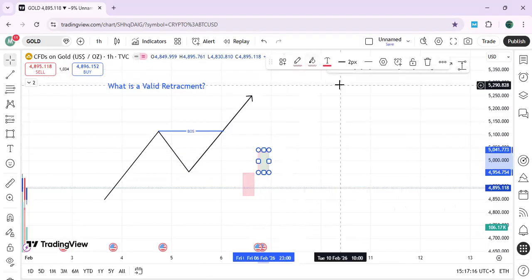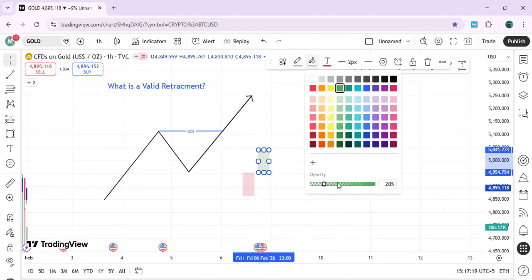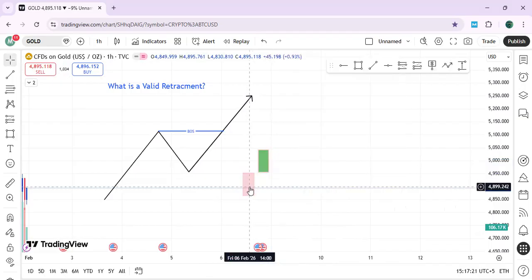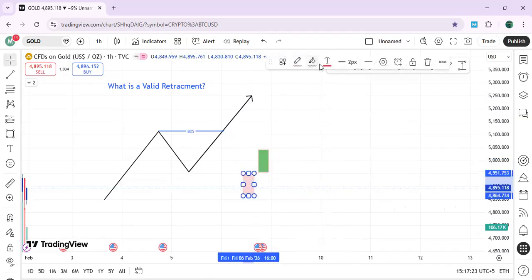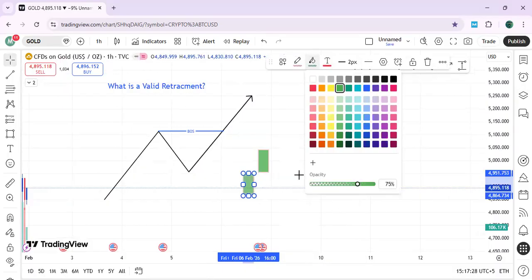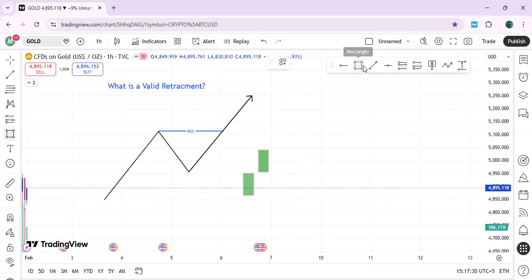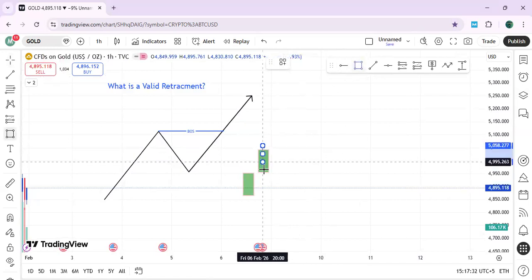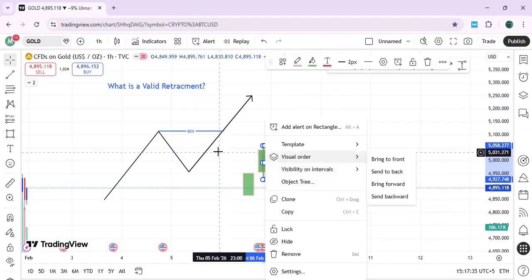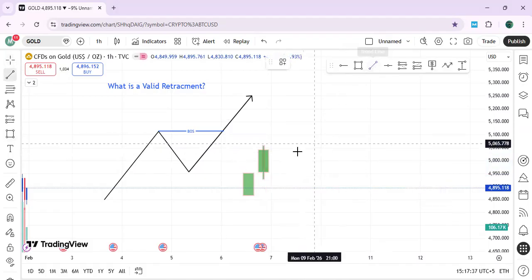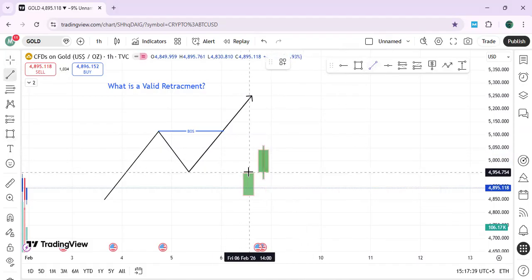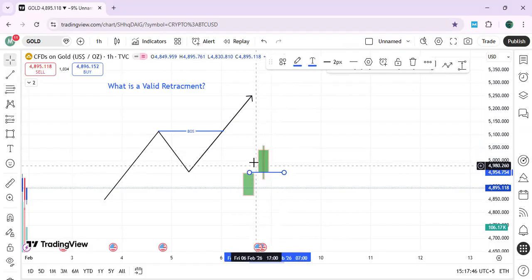I will change the color so you guys can easily understand. Just see here at that point, always remember, this one is the high point. If the market breaks the high of the previous candle and closes above that one, we will say this one is our independent bar.